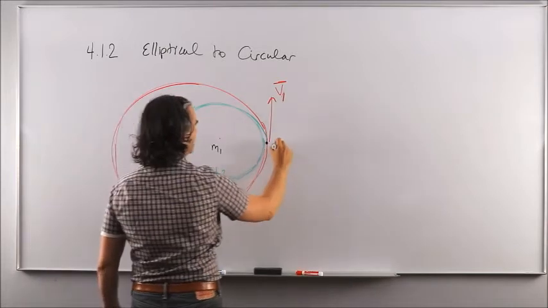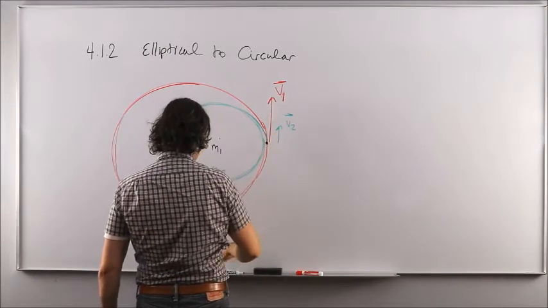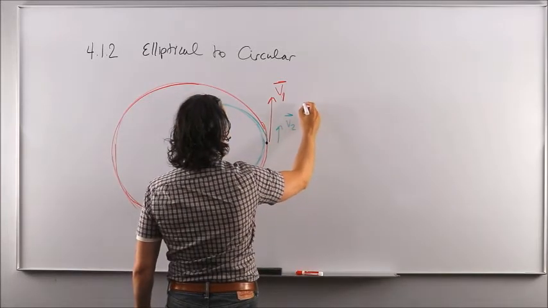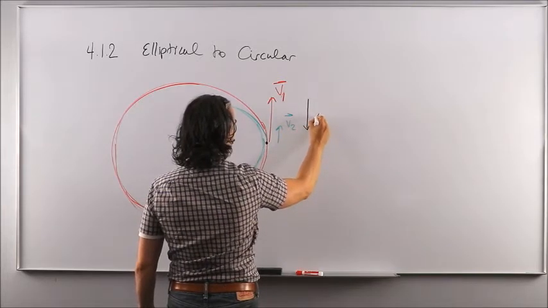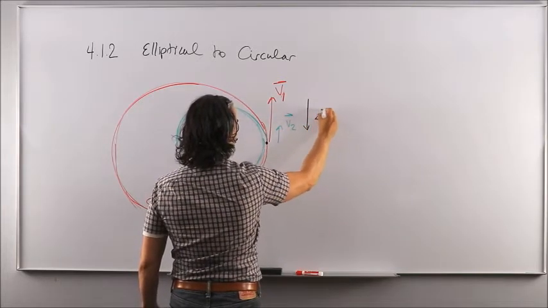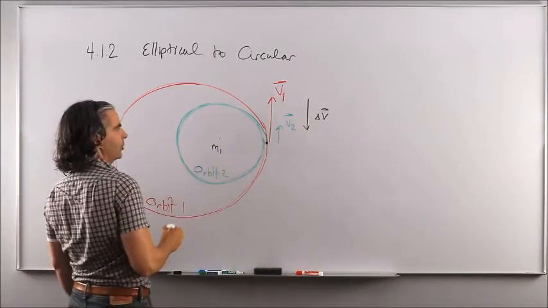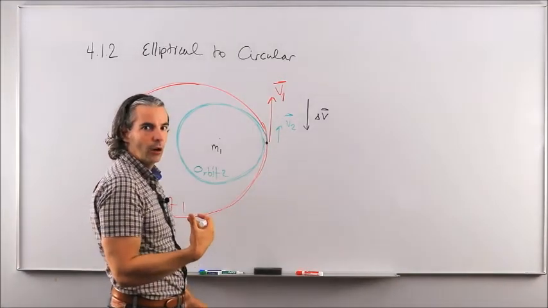Orbit 2 has a smaller speed like that, and therefore delta V will be in the opposite direction like that, because I'm going from a high energy down to a low energy orbit, which means that I needed to slow myself down or apply a burn.